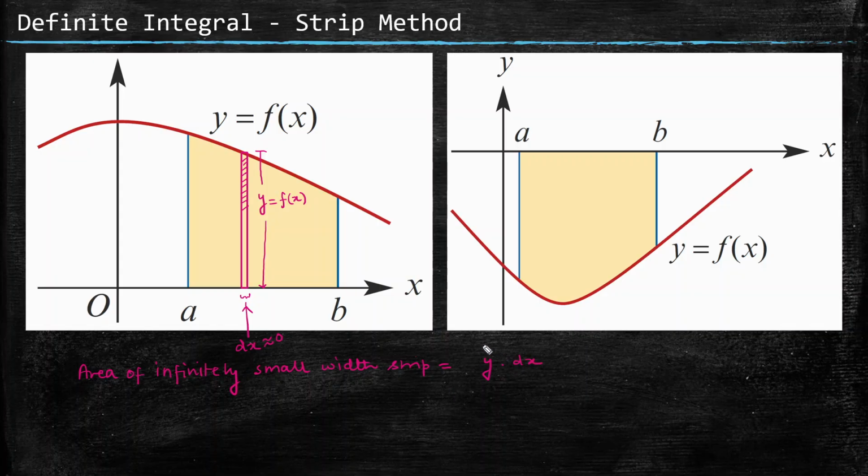So y is the height, and dx is the width. Height times width, or we can say it will be f of x times dx.